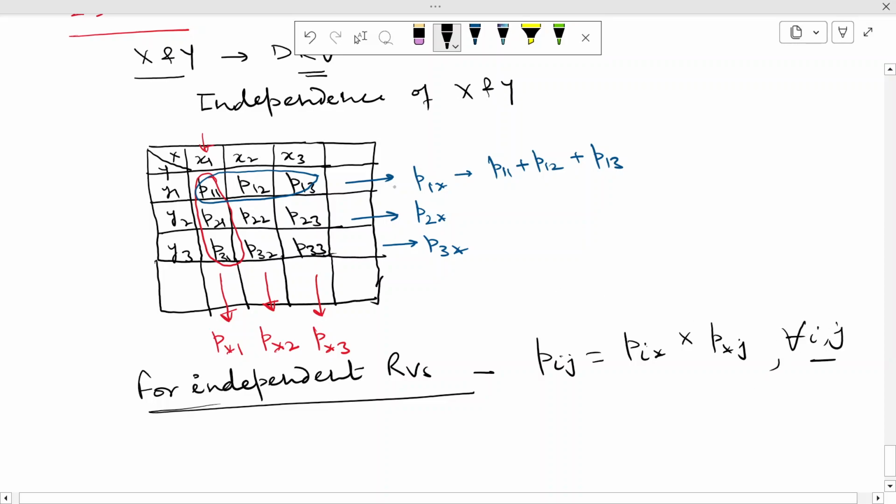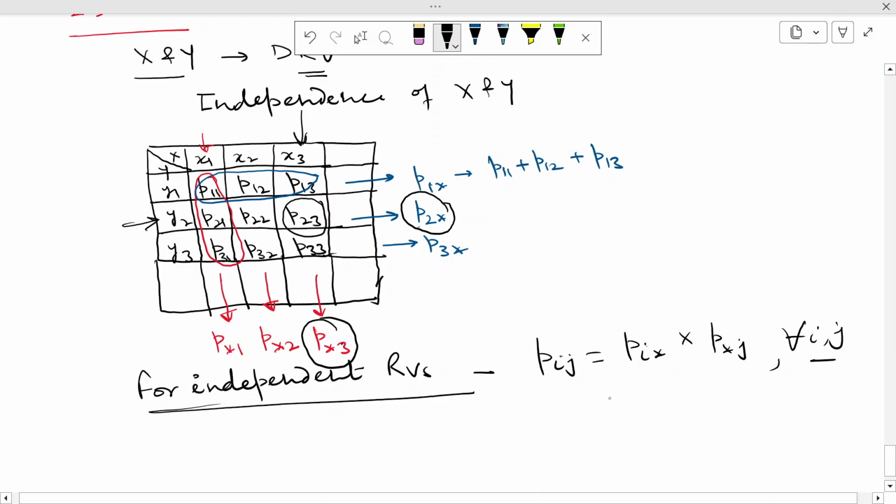This means that whenever you multiply two marginals, let's say you multiply p2 star, which is the marginal corresponding to y2, and p star 3, which is the marginal corresponding to x3, this product should come out the same as their joint probability, which is p23.